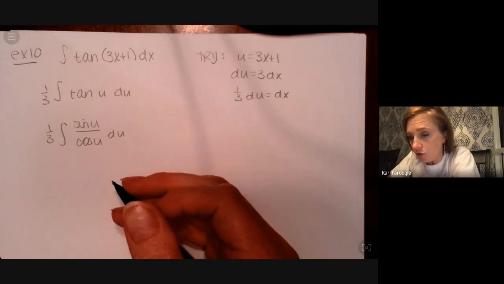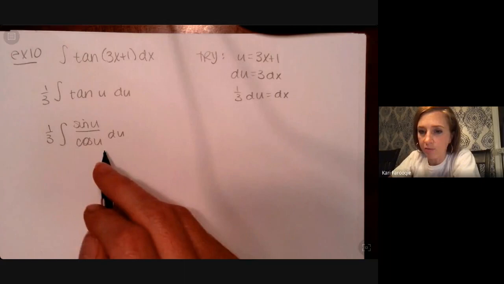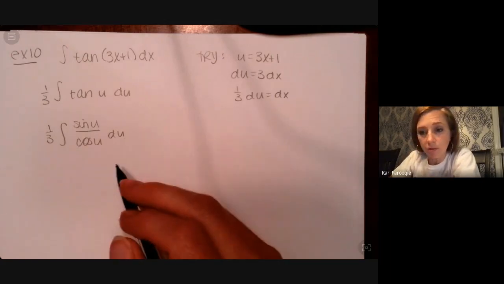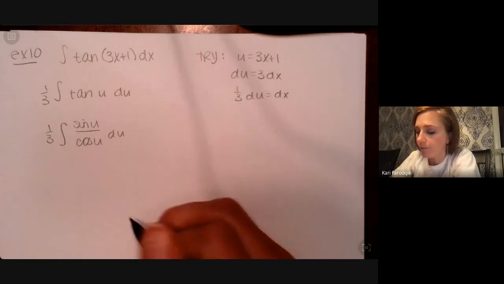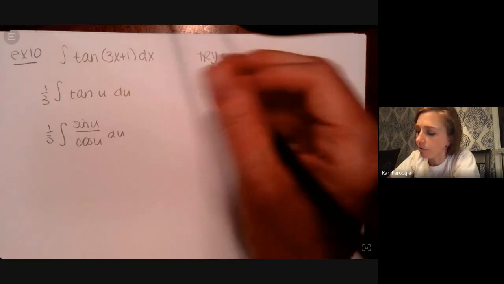The next thing I want you to do is rewrite this as another substitution. You can switch your variables. And I hate to tell you that I always use w, because I've already used u. I can't use u again. It doesn't make any sense.